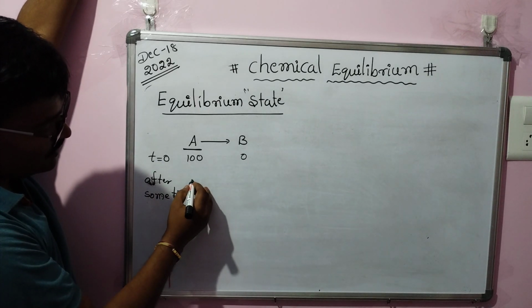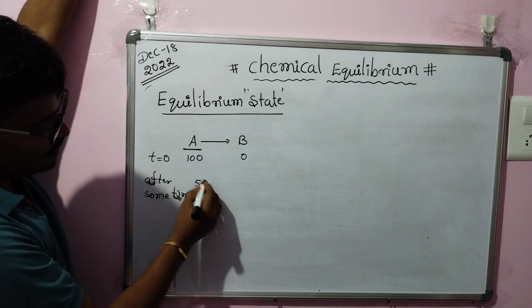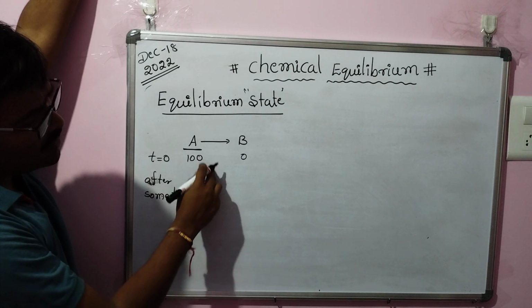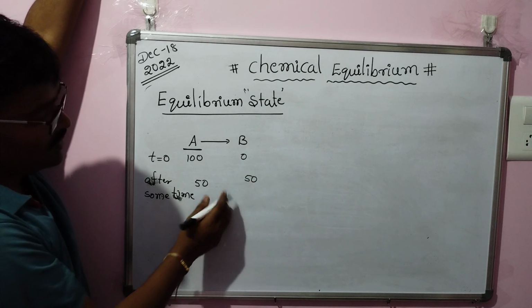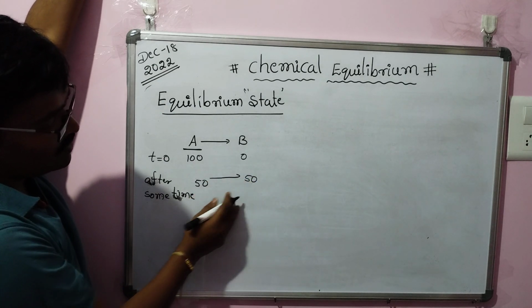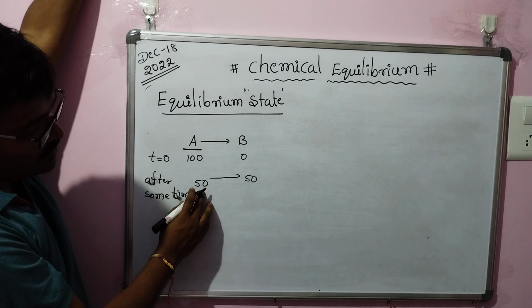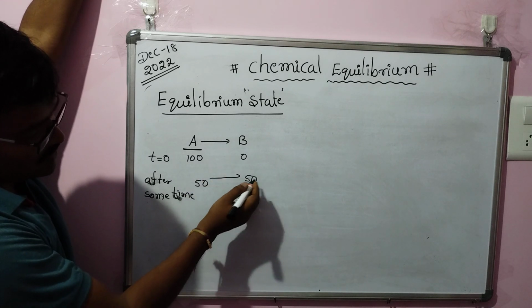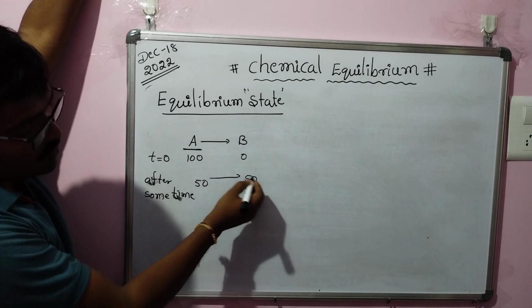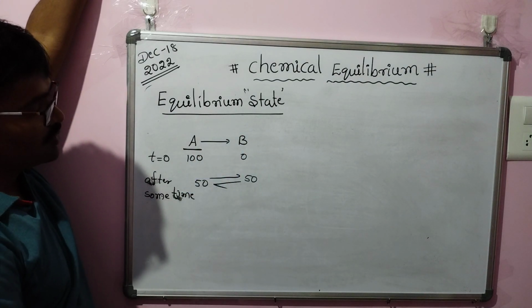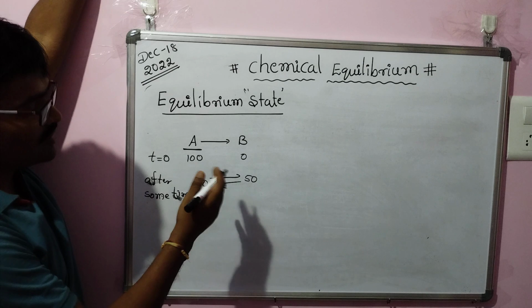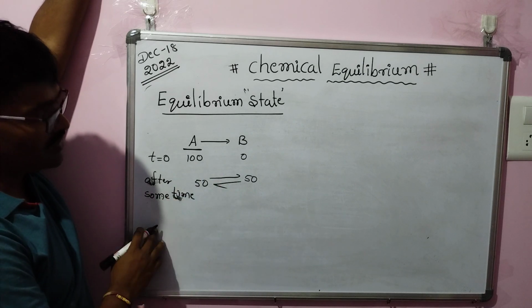Just assume 50 particles remain, and the other 50 are converted to B. Then, as the backward reaction takes place, B can form A again. So both forward and backward reactions take place at equilibrium.